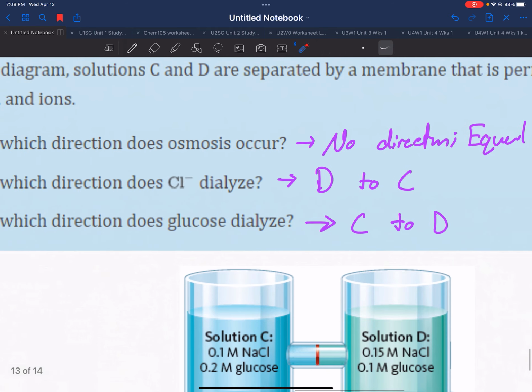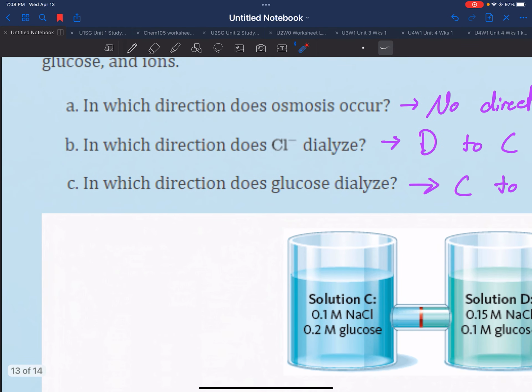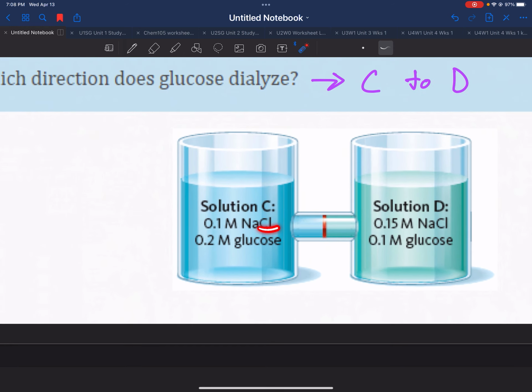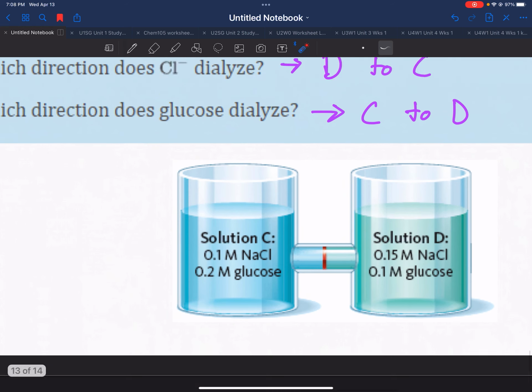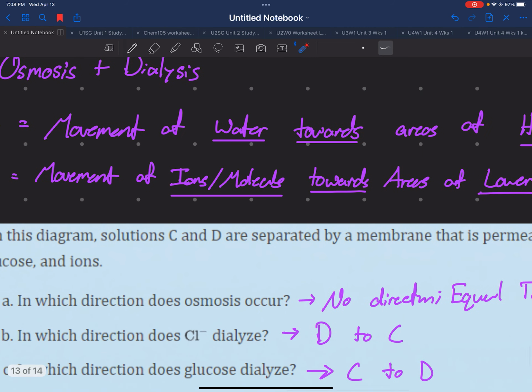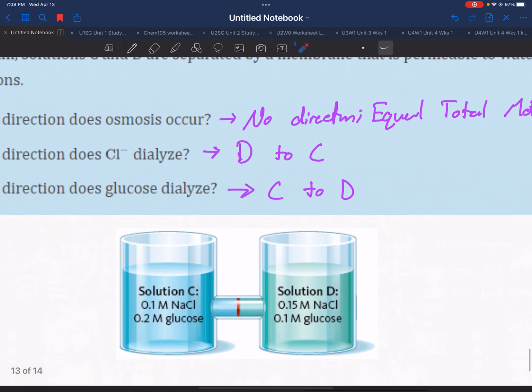Okay, next one. Which direction does Cl minus dialyze? Well, we know Cl is here. There's 0.1 of Cl versus 0.15 of Cl. So there's more in this one. And we said that for dialysis, ions and molecules go towards areas of lower concentration, right?